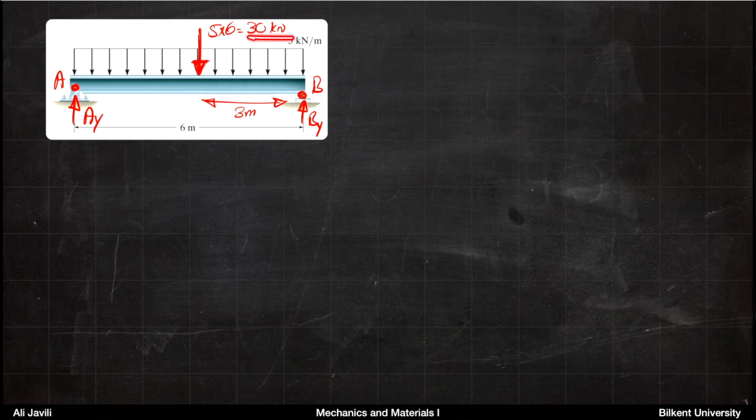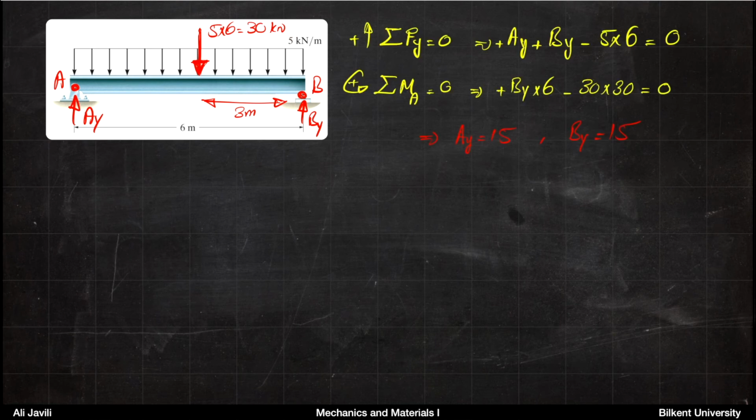That would be 30 kilonewton downwards. And then for that system, you can write the equilibrium of forces in the y direction and equilibrium of moments with respect to a point, for instance, point A. And if you do that, you get A_y equals 15 kilonewton and B_y equals 15 kilonewton.